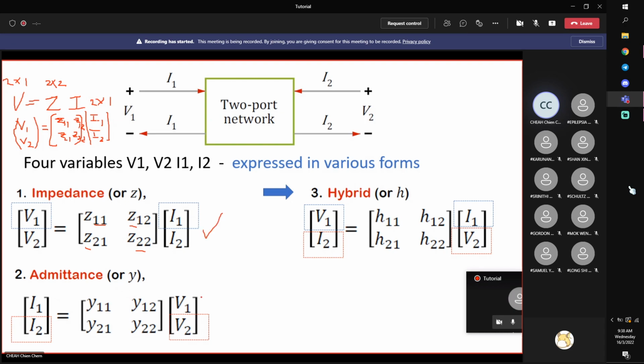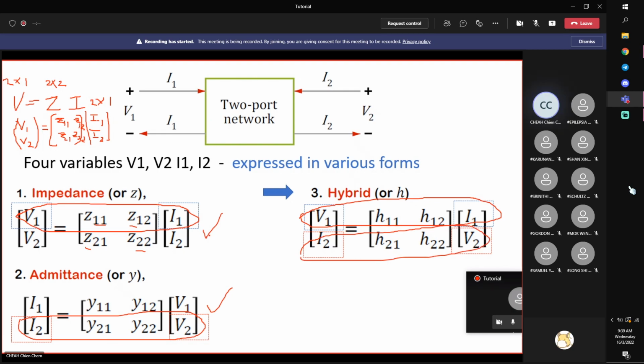So these two you must remember by heart. After you can remember this, then the hybrid form, if you look at it carefully, is that you take the first part of your impedance and put it on the upper half of your hybrid form, and then take the second half of your admittance form and put it as the lower half of your hybrid model.